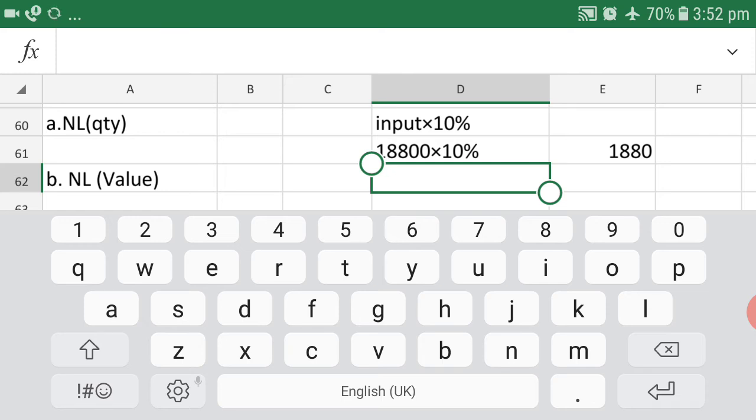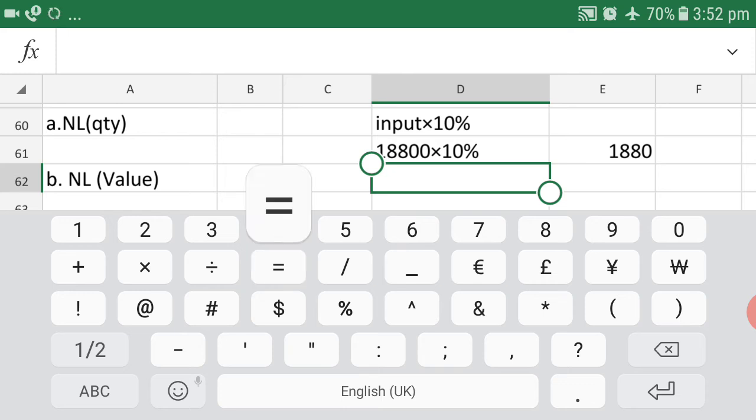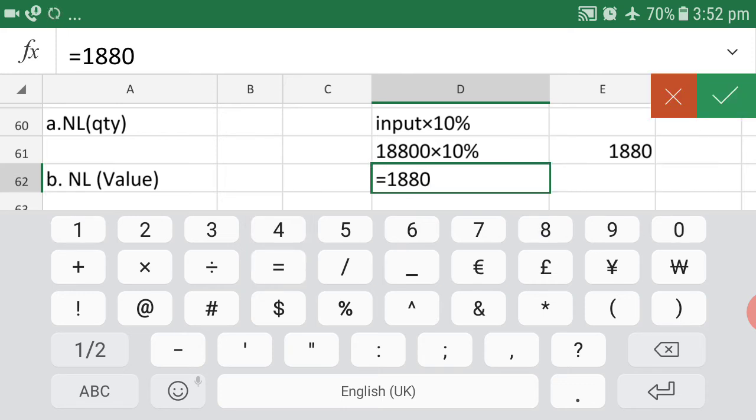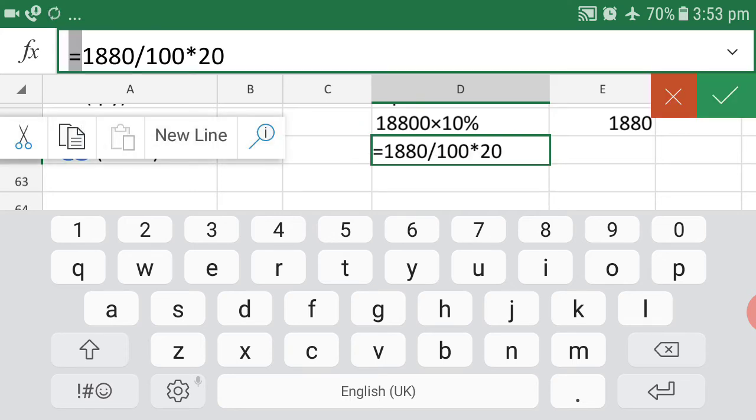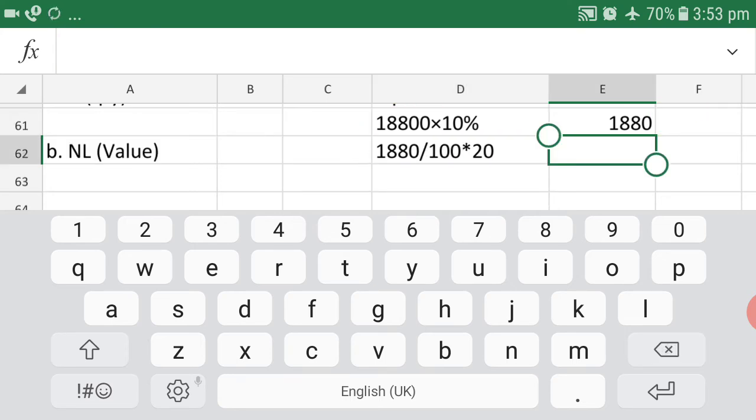Here we have 1,880 units. 1,880 units divided by 100 into 20. So 376 is the normal loss value.